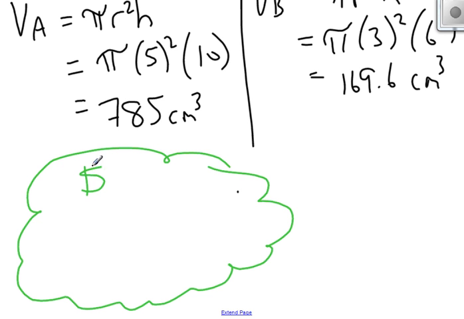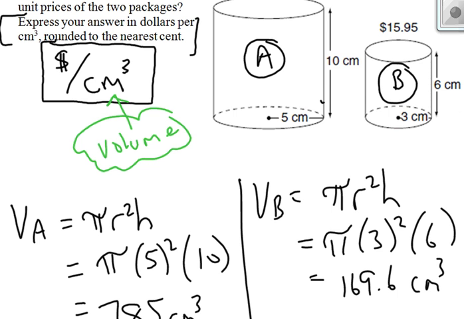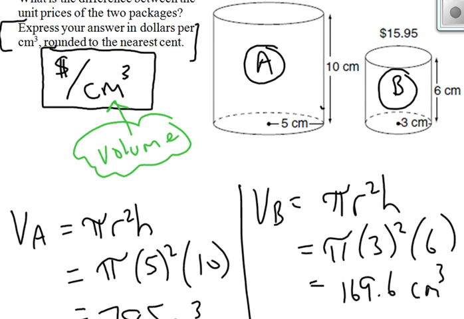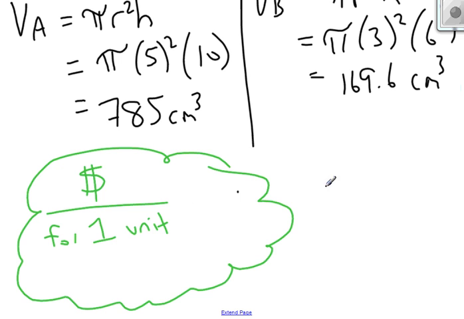Unit price is when you know the dollar amount for one unit. So for example, if I bought a pack of 10 pens, unit price would be the cost I paid for one pen. In this case, I'm buying cubic centimeters of coffee, so I want to know the price for 1 cubic centimeter of coffee. So let's see what we have.